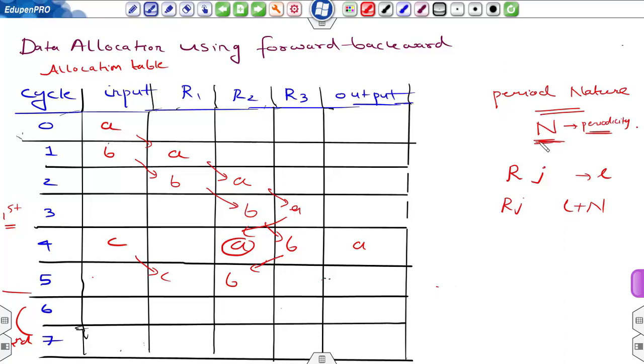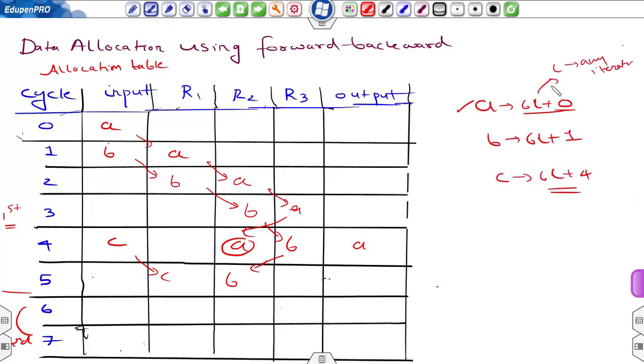Okay, so we have to keep this thing in mind, and we cannot allocate this register neither in forward nor backward manner if this is the case. So I have already mentioned that during any nth iteration, A will be generated at cycle 6L plus 0, B will be generated at 6L plus 1, and C will be generated at 6L plus 4.